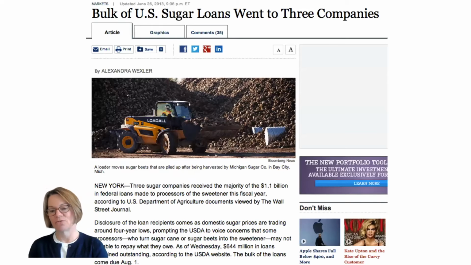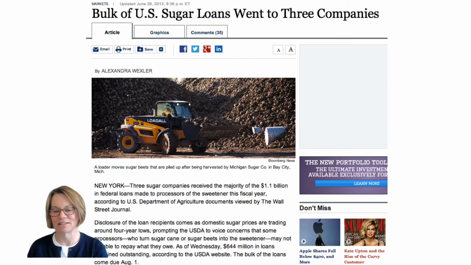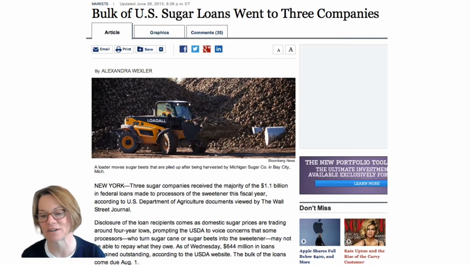One example of this type of concentrated benefit and diffuse cost dynamic comes from 2013, when there were $1.1 billion in federal loans made to processors of sugar in the US. The US sugar industry is famously concentrated and is essentially three large family-owned firms. They get that $1.1 billion in federal loans, and the costs associated with those loans are borne by American taxpayers.